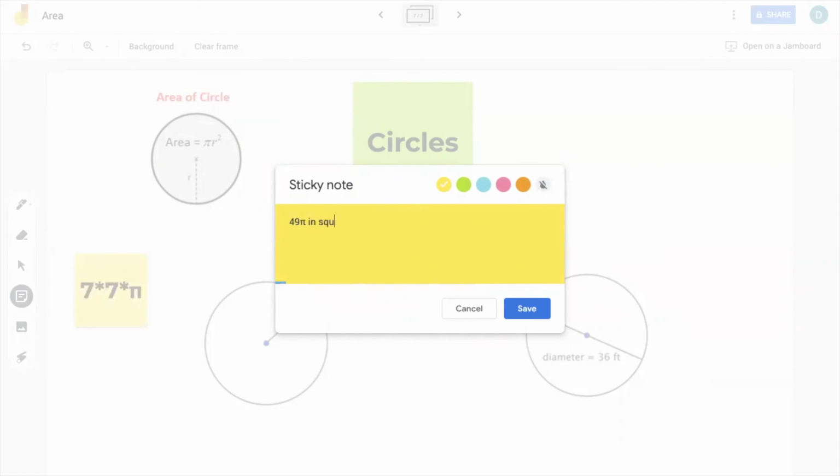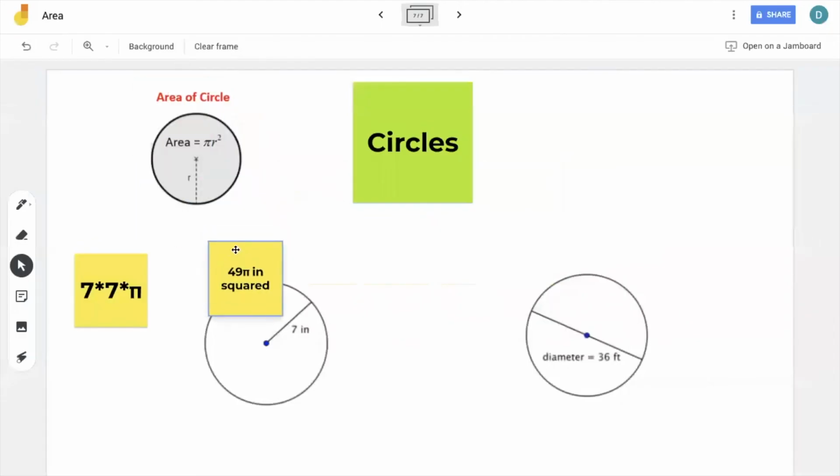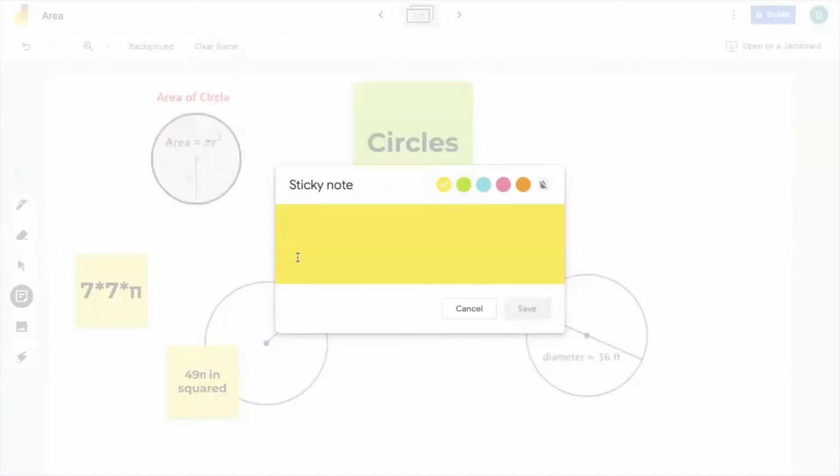inches squared. Now, if your teacher is looking for a decimal approximation, you definitely have to put it into your calculator. So I'll give you the decimal approximation, which is 153.938. And I'm just in the habit of rounding to 3 decimal places, but you can round to whatever you're supposed to round to.